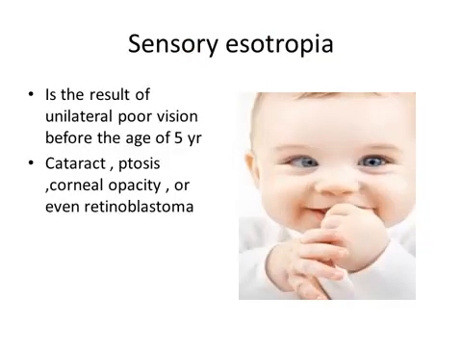The third type of esotropia is sensory esotropia. It is the result of unilateral poor vision very early in life, usually before the age of 5 years. Examples of causes of poor vision are congenital cataract, congenital ptosis, corneal opacity, and sometimes a malignant tumor of the retina called retinoblastoma.